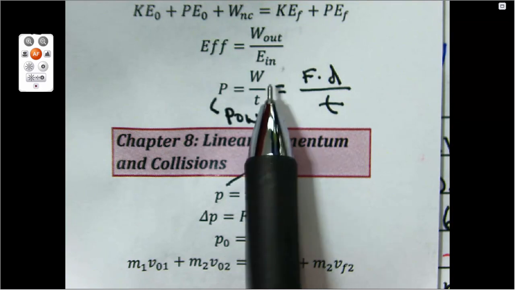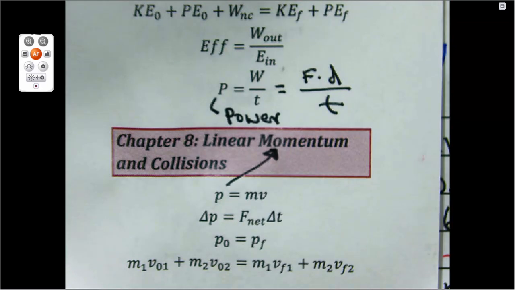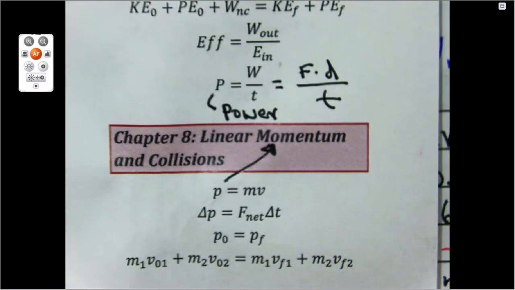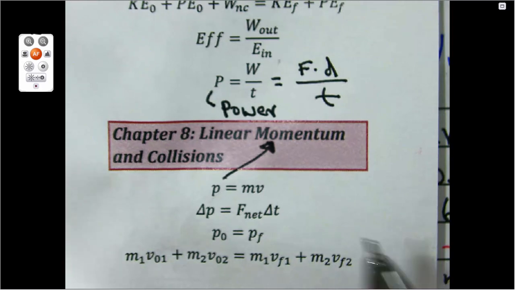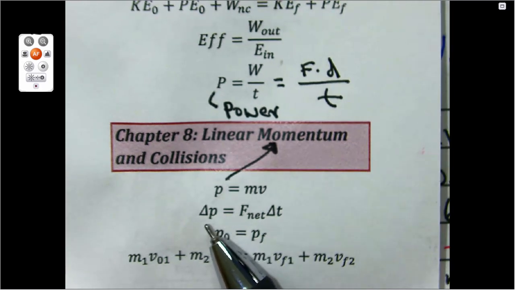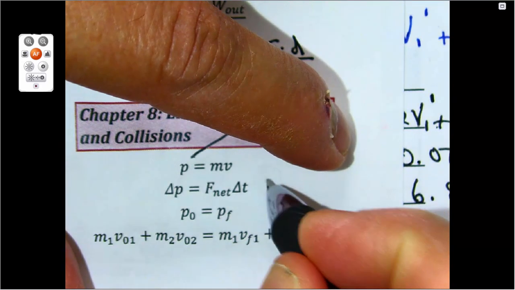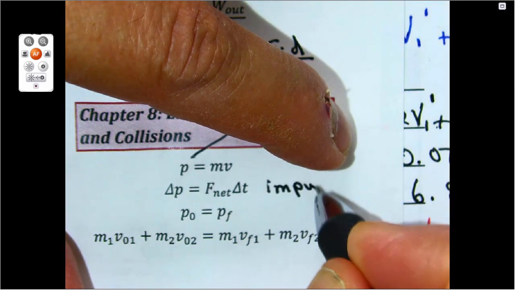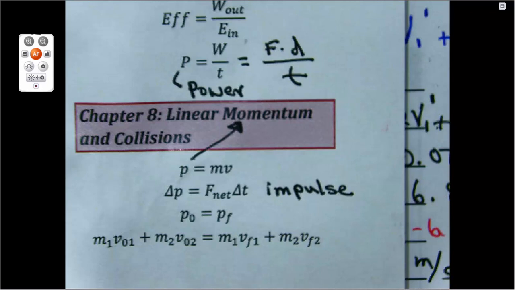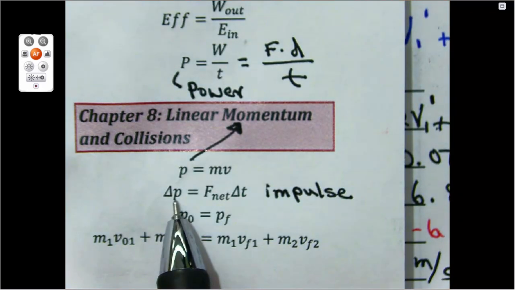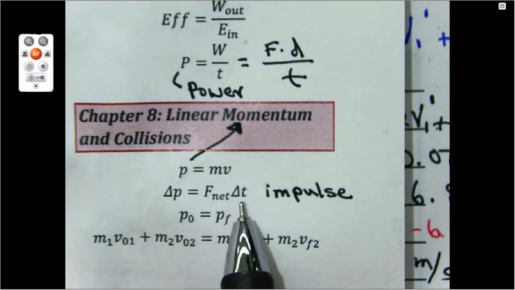Big W is work. Anyway, now let's add to the bottom of this. Now this is impulse right here, right? Change in momentum is equal to the force times time. That's our impulse.